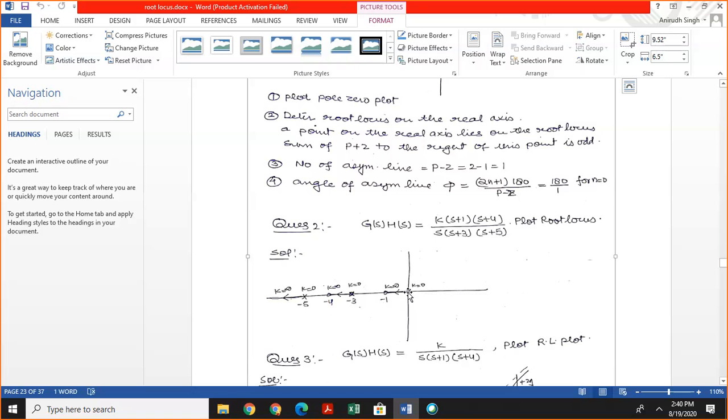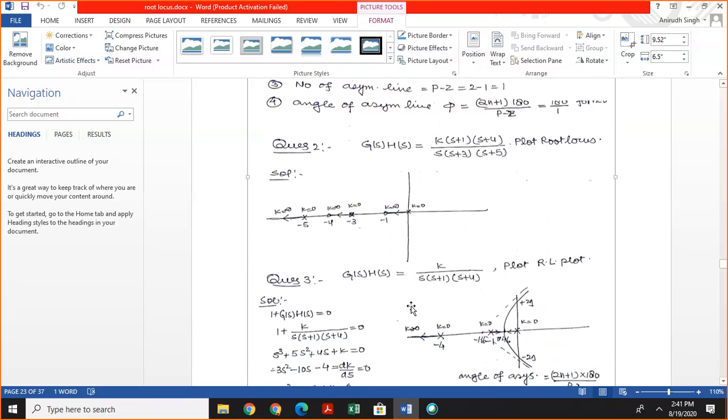Root locus always starts from the poles with k equal to 0 and ends at the zeros with k equal to plus infinity. So the first root locus starts from a pole and ends at infinity. The second starts from a pole with k equal to 0 and ends at an open loop zero with k equal to infinity. And the third one starts from an open loop pole and ends at infinity. This is the complete root locus plot.